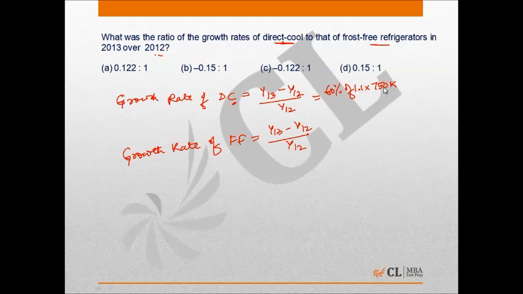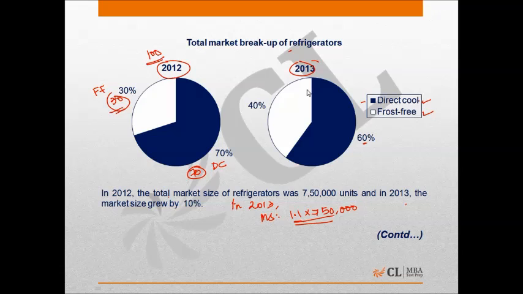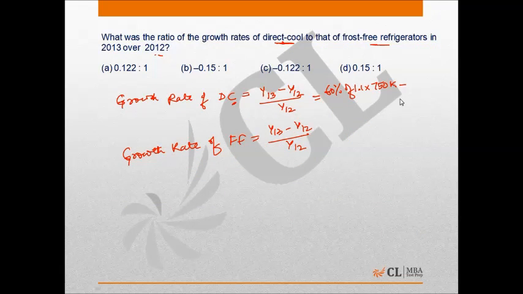K is going to represent 1000 minus, in 2012, what is the value of direct cool? In 2012, the value of direct cool was 70%. So we'll have minus 70% of 750,000 whole divided by 70% of 750,000.